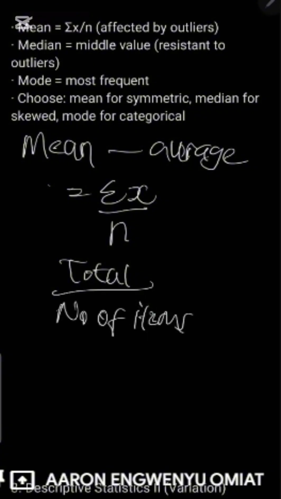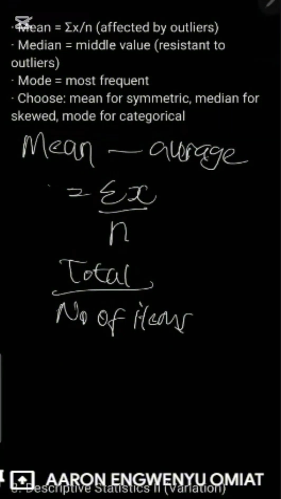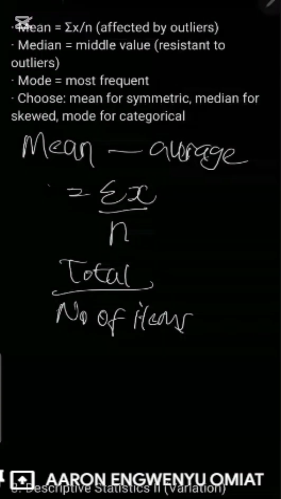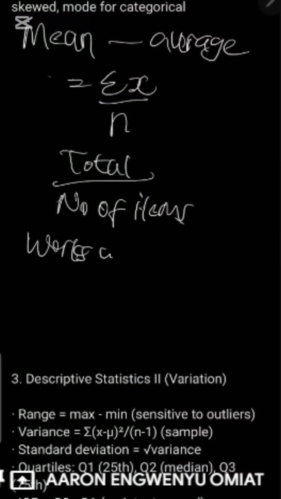This is the mean, and that's how we have always calculated it at all levels. The mean works well for symmetric data. For example, in the one I've given, the average nationwide voter turnout was 50%. So we know this works well for symmetric data.